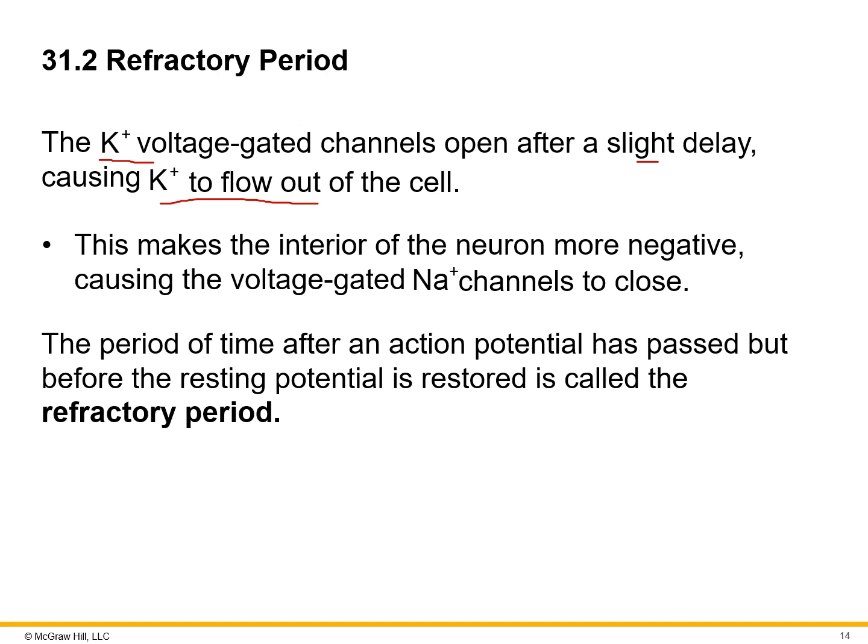Again, as that potassium moves out, now we're making the interior more negative, and that causes those voltage gated sodium channels to become inactive or kind of closed. So now, during this period after the action potential is passed, but before we get back to resting, that's referred to as the refractory period. So again, it's that period between when the action potential was generated and when we're back to rest.